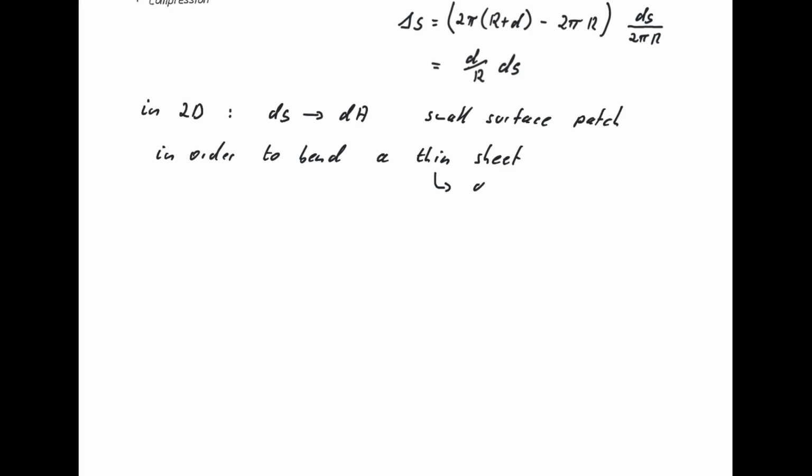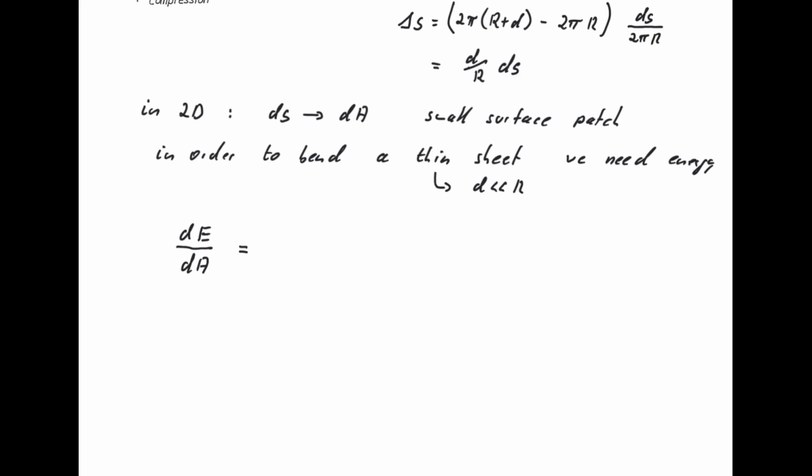And in order to bend a thin sheet, and thin means that the thickness is much smaller than the radius, we will need some energy to do this. So we ask how much energy dE will be needed to bend a small patch of a surface into this spherical structure.